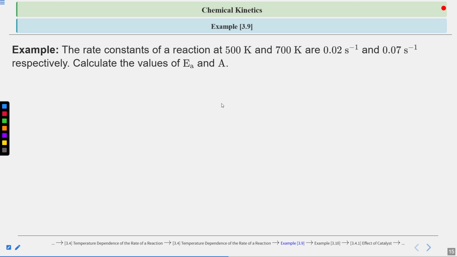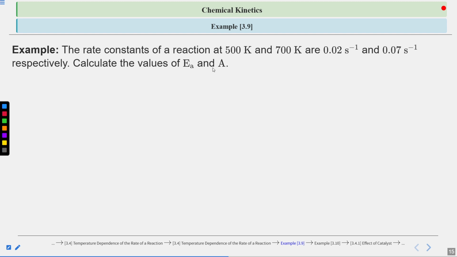Now let's see an example, marked 3.9 in our NCERT textbook in the chapter Chemical Kinetics. The example says that the rate constants of a reaction at 500 Kelvin and 700 Kelvin are 0.02 second inverse and 0.07 second inverse respectively.